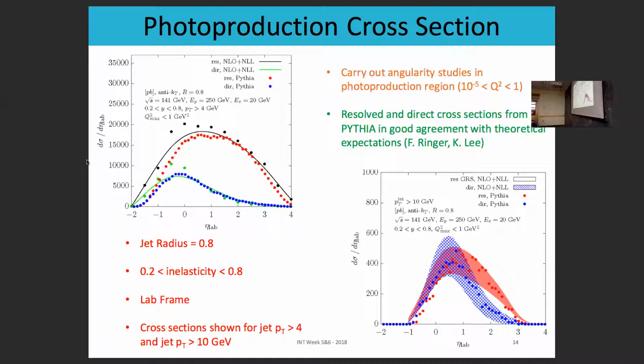Here you can see some theoretical uncertainty bands compared with the PYTHIA results, based on variations in the relevant scales. PYTHIA does a relatively good job of getting the cross-section, which is good. We don't want to be simulating garbage.